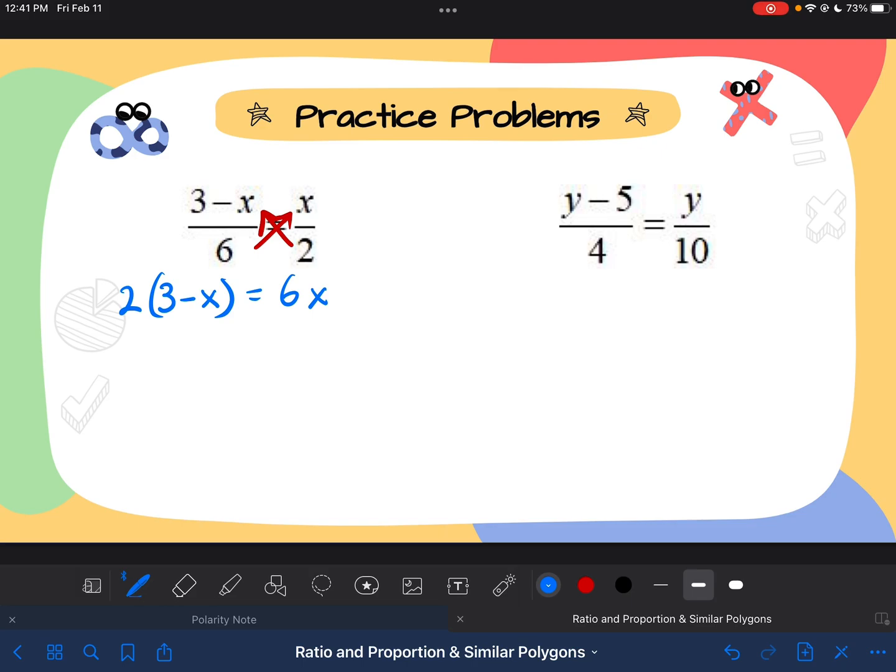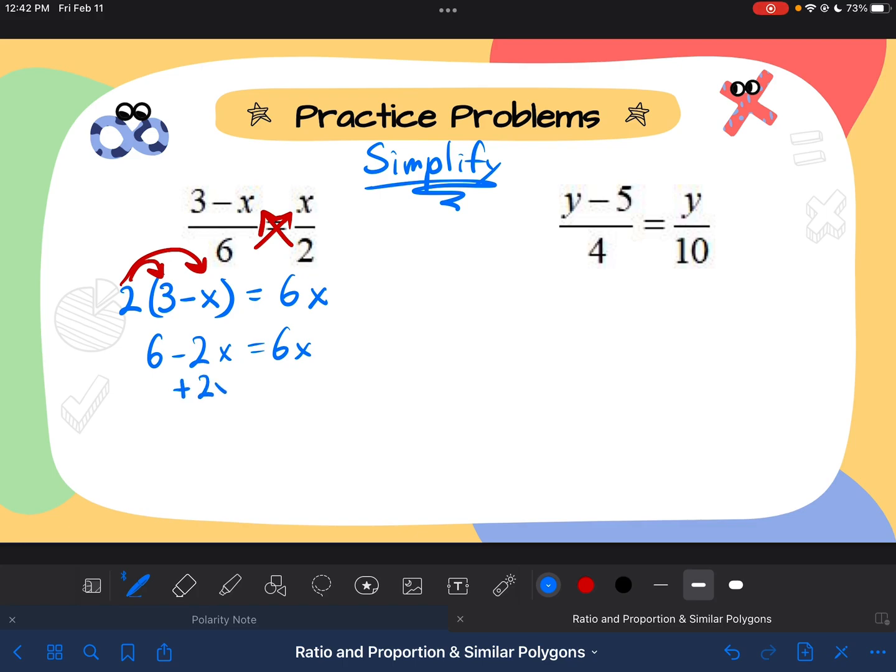Now, always, always, always, whenever you're solving these problems, simplify as much as possible, okay? So if I were to solve this out, remember the 2 distributes, and that will give you 6 minus 2x equals 6x.